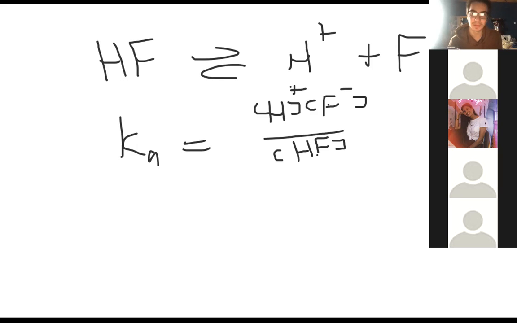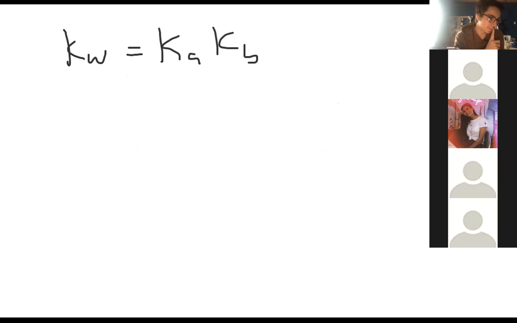So we could jump to the next page, 249. Page 249 talks about relationships between Ka and Kb. Ka and Kb are related through the following equation: Kw is equal to Ka multiplied by Kb.